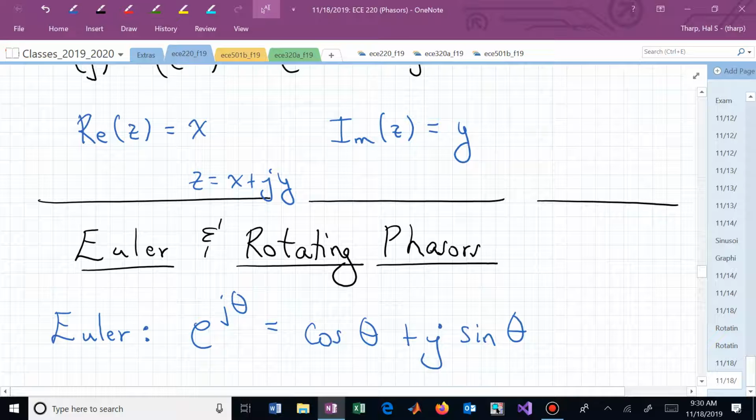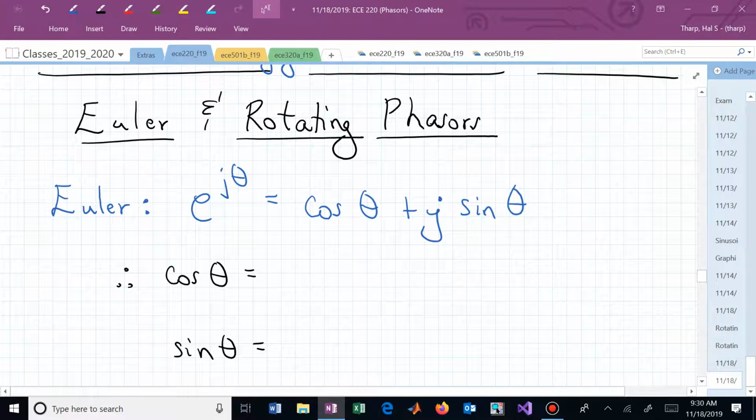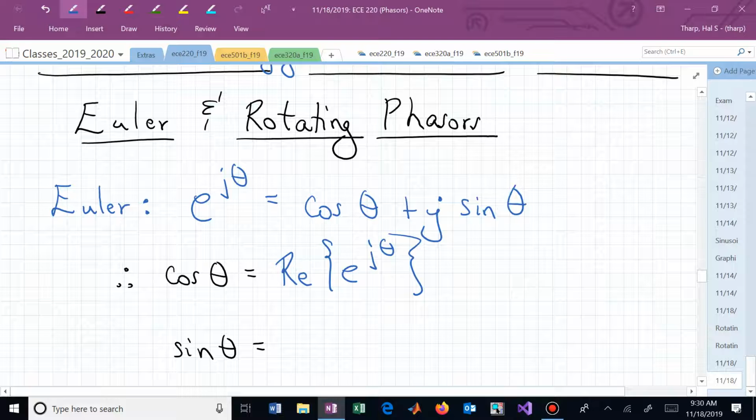Acknowledging Euler, we have e to the j theta is cosine theta plus j sine theta. Now we can rewrite sines and cosines as parts of a complex phasor. Cosine theta is now just the real component of e to the j theta.